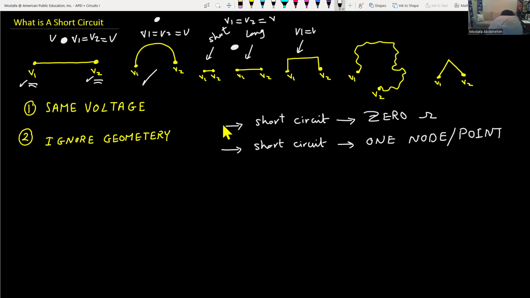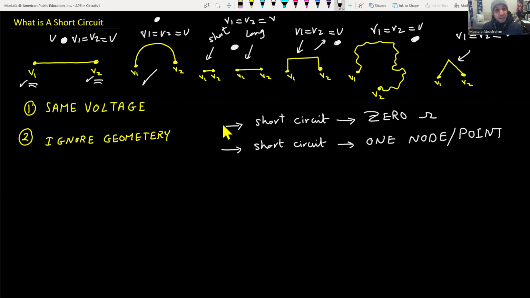Still, V1 equal to V2, and still you can shape that into one node called V. You can make it hazy like this one. Still, V1 equal to V2 equal to V, one node. You can make it a triangle like that. Still, V1 equal to V2 equal to V.